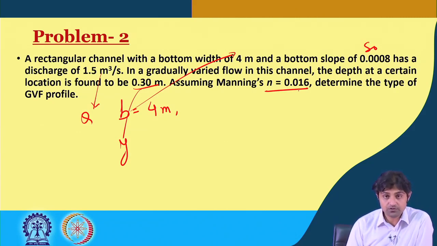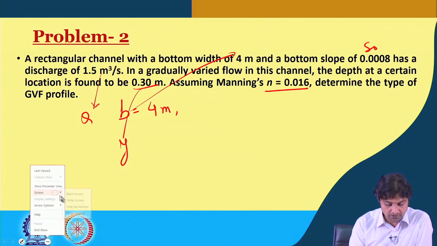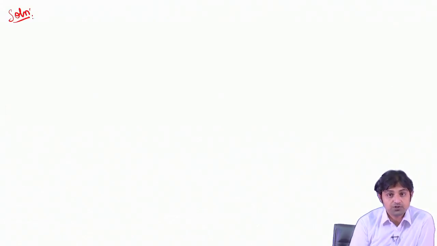So what type of gradually varied profile will it be? That we are going to see, and it will be very good practice for you when you start applying what you have learned about the mild slope, steep slope, adverse slope, critical slope and the horizontal bed. I will go to the white screen. To start, SOLN means solution.